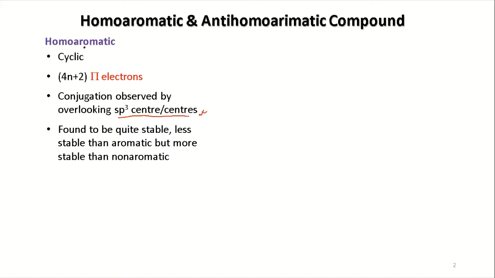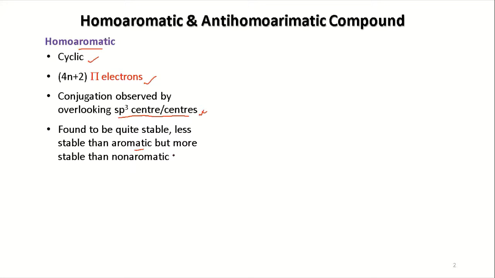Since it is related to aromatic, it has to have 4n plus 2 pi electrons. It has to be cyclic in structure. Overall, what has been found is that this homoaromatic compound is quite stable, but its stability is not more than the aromatic compound. Definitely, it will be less than aromatic compound.